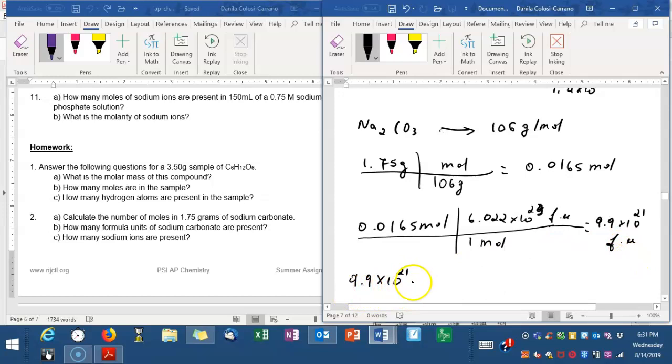In every formula unit, there are 2 sodium. So this is times 2. So 1.99 E22. And those are ions.